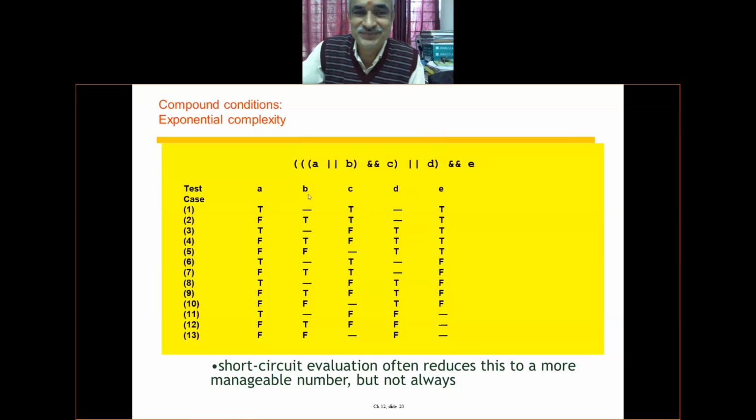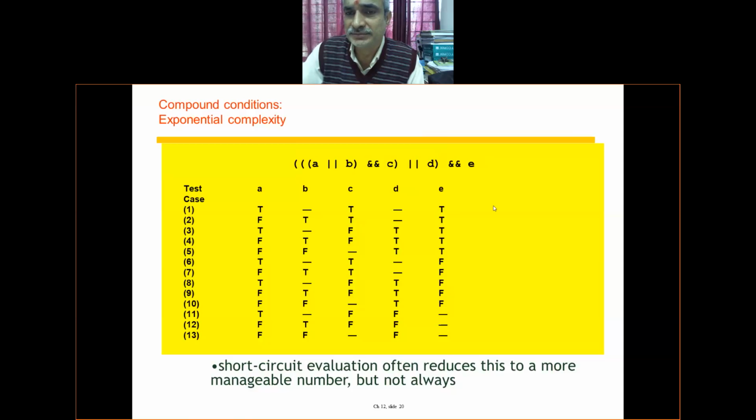Now you need to look into how you build test cases. Look at that, A, B, C, D, E. Test case 1: A equal to true, B is redundant, not required, and C equal to true. When A equal to true and C equal to true, B and D don't make a difference, and E equal to true, the entire expression evaluates to true.